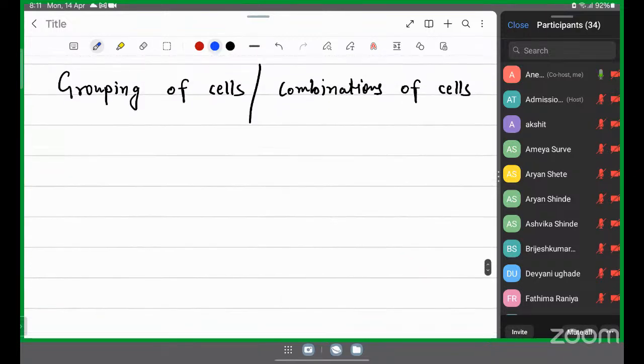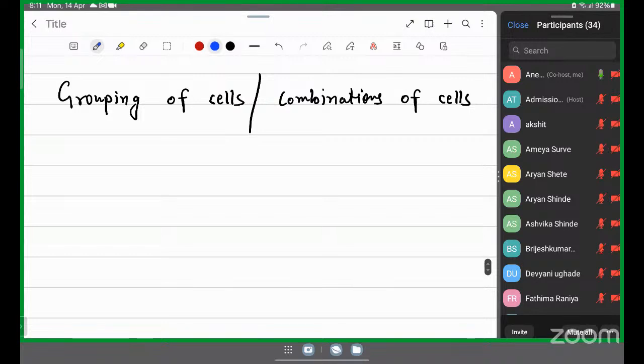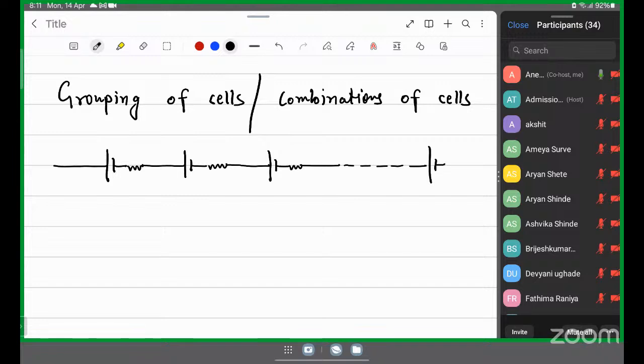To connect all the cells in a series combination, all the cells have to be connected in a single wire. So this arrangement will look like first cell with internal resistance R1, second cell with internal resistance R2, third cell with internal resistance R3, and so on, Nth cell with internal resistance Rn.